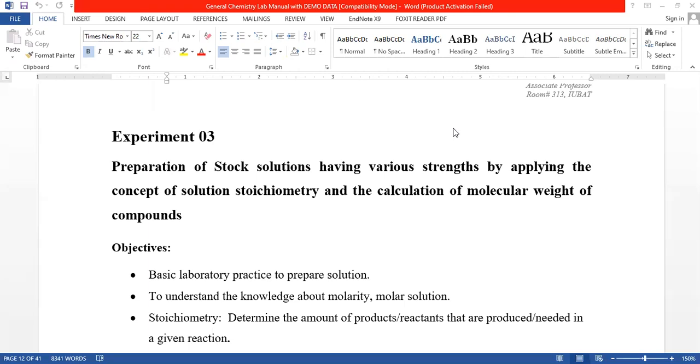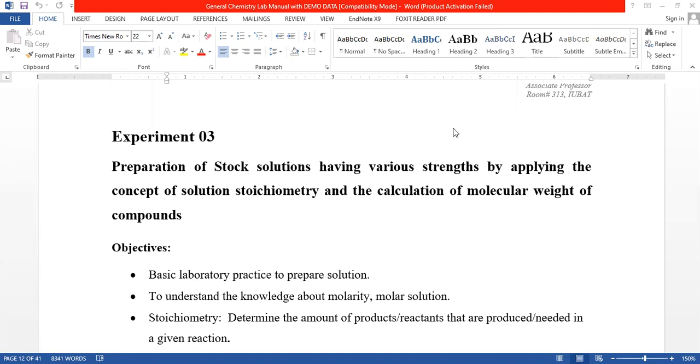That's why it is standard solution or stock solution. So we usually prepare the solution with a definite concentration and preserve it for several days to carry out several experiments. Because every day we cannot prepare the solution because it is time consuming and it is not much required.